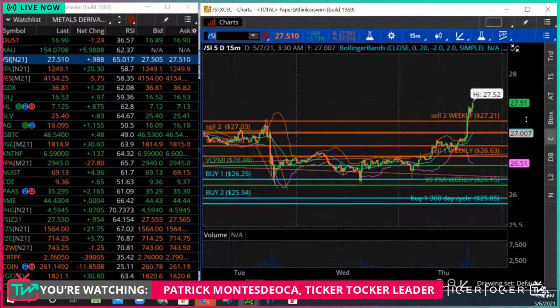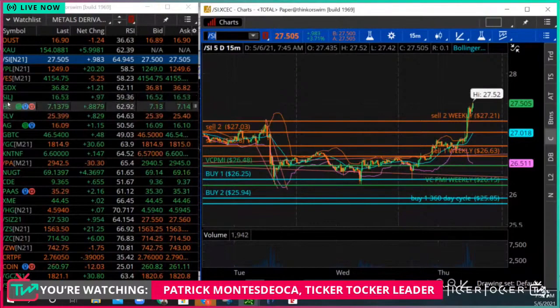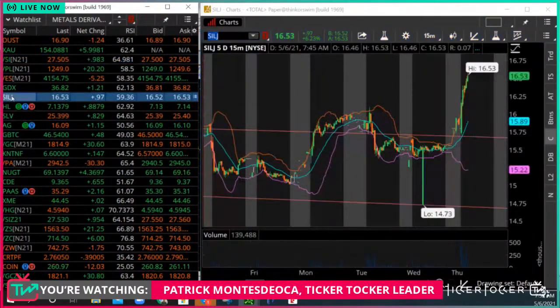Making new highs on silver, 27.52. Silver up 97, 16.53.